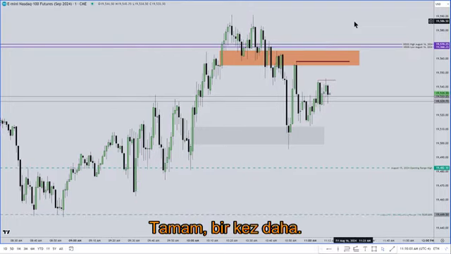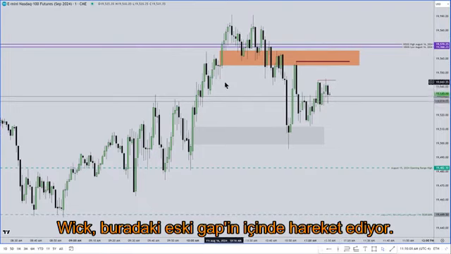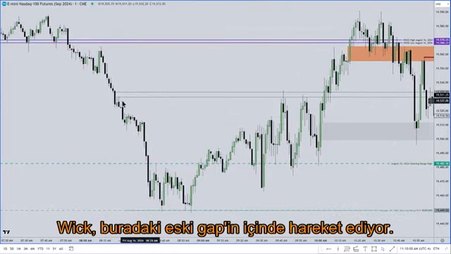Okay, so one more time, wick traveling inside of the old gap over here.